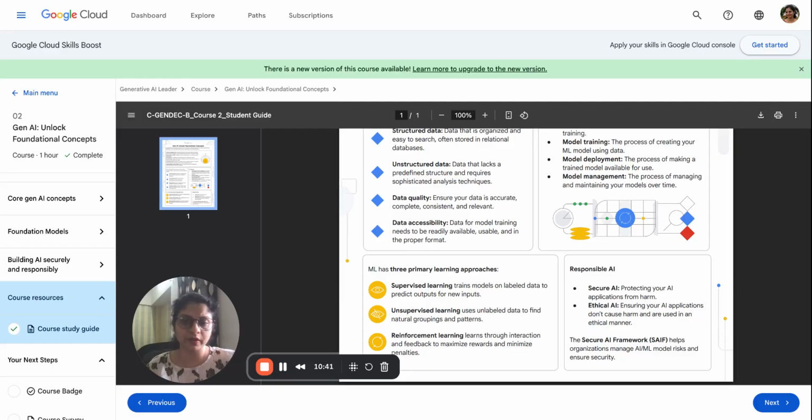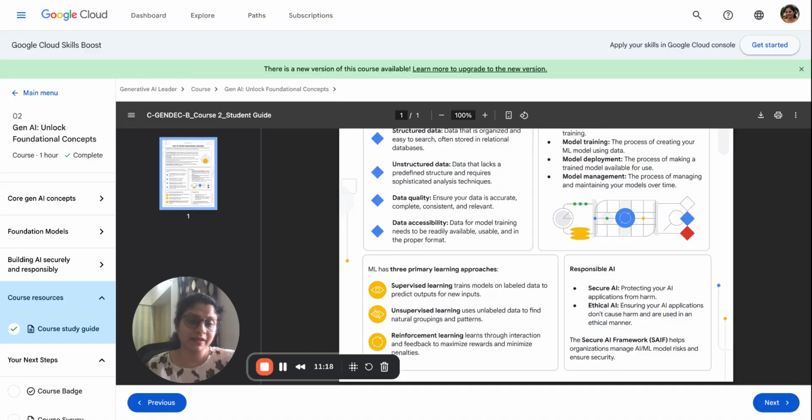So is it supervised learning, or unsupervised learning, or reinforcement learning? Or they may ask a question like, given this scenario, what kind of learning is most suitable? The same question, but in a different format. These are the types of questions you can expect from this module.